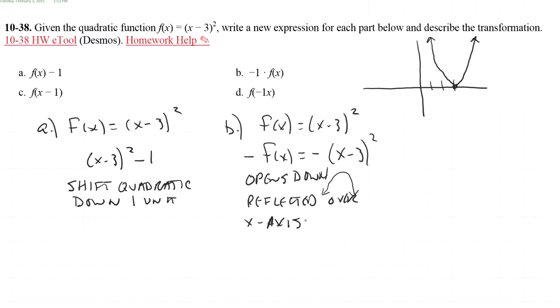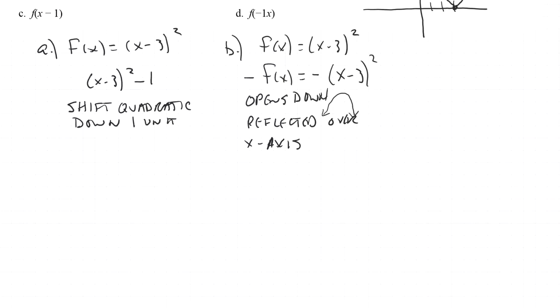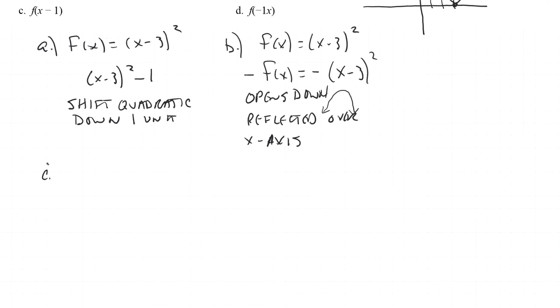All right. And then for C, we can take f of x minus 1 and input that into our function. So then what do we get? Actually, let me write it out this way. So we have (x minus 3) squared.